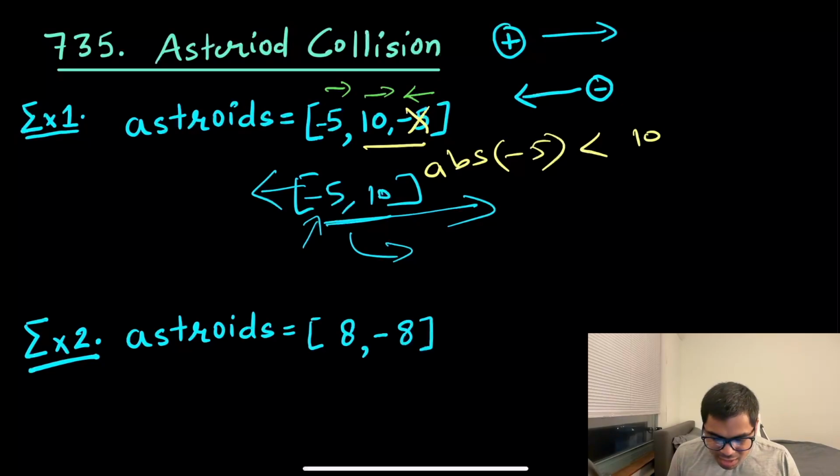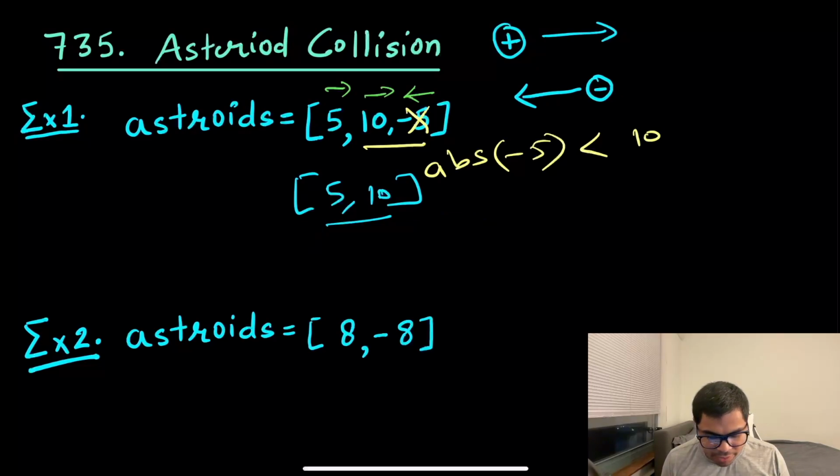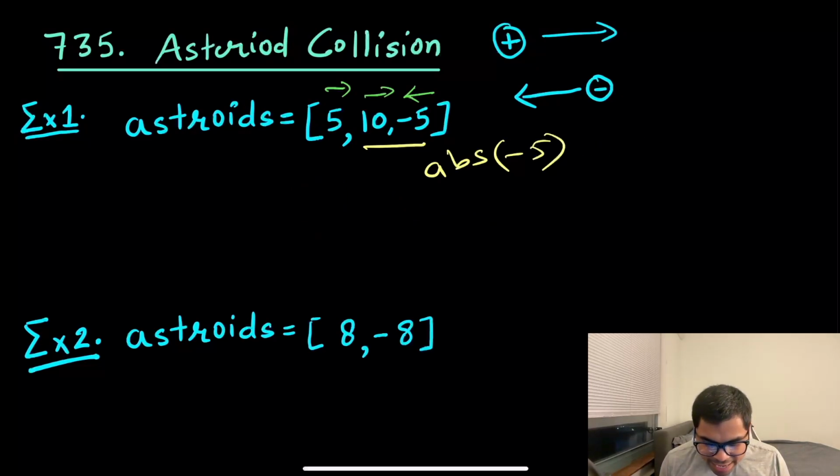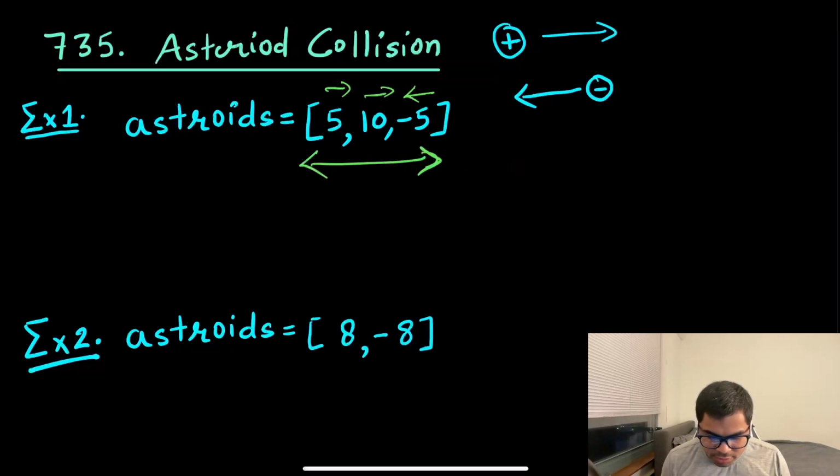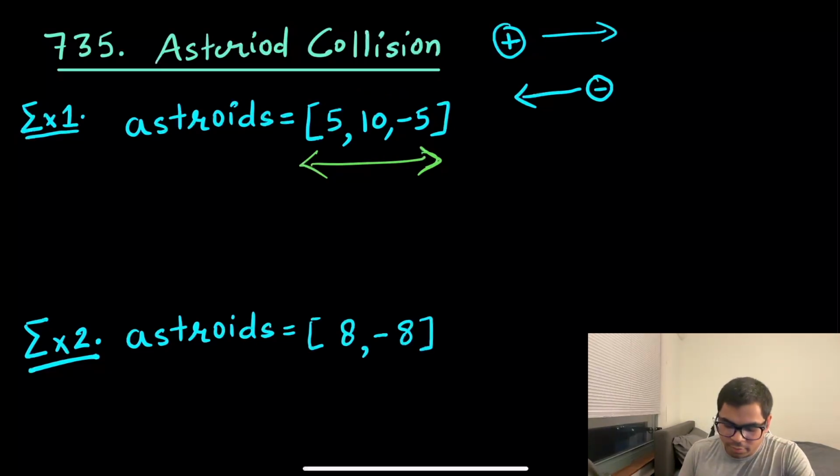Now I think in the approach where you are only dealing with two asteroids, it's going to have a really big time complexity, but we can bring it down to O(n) by using the stack data structure, since stack will help us track the asteroids which are moving in right direction.